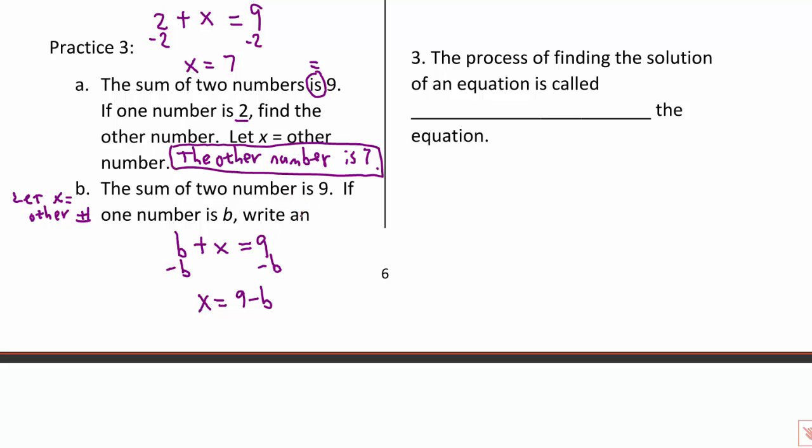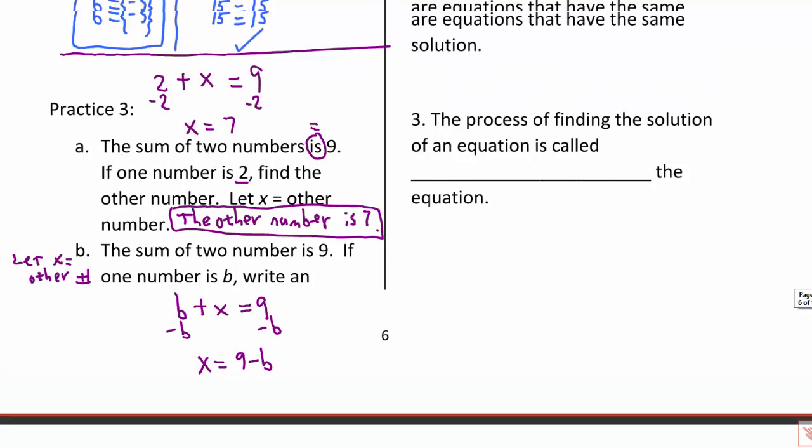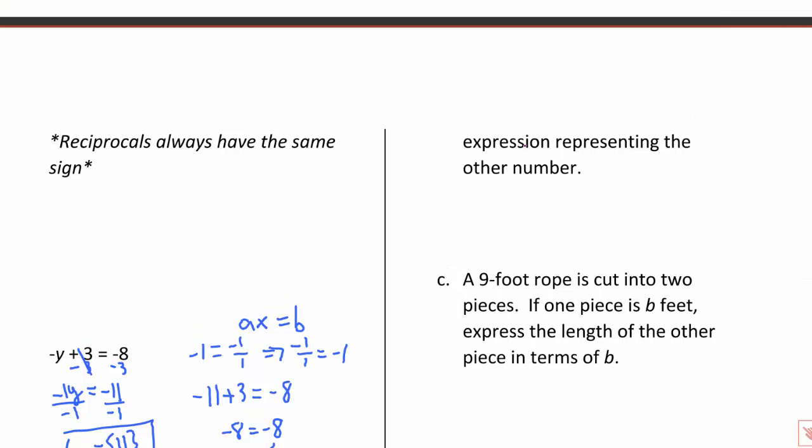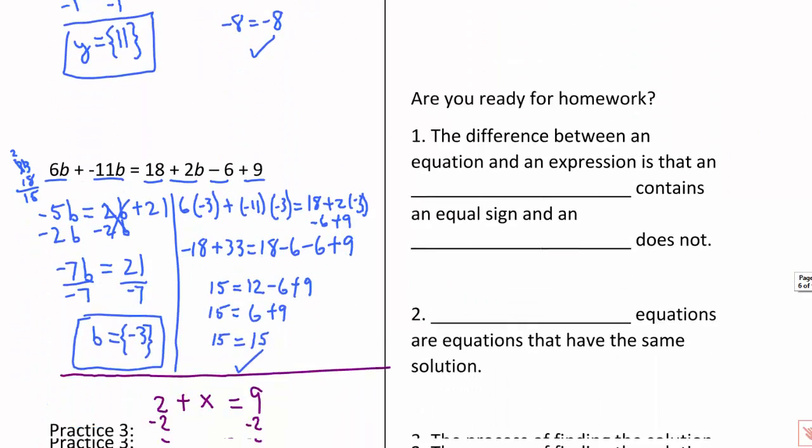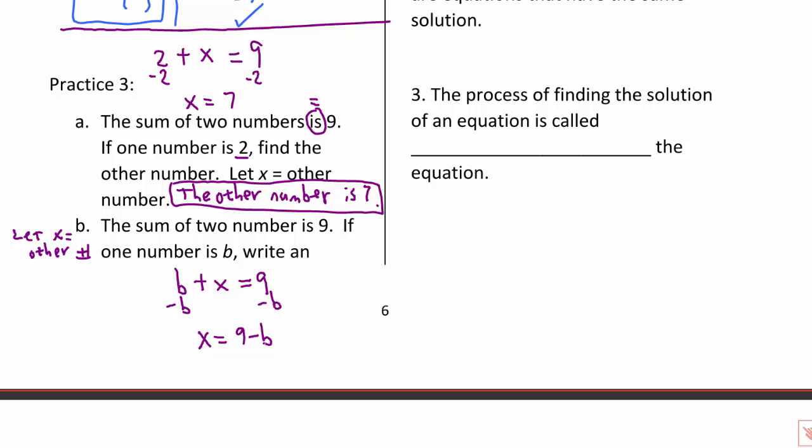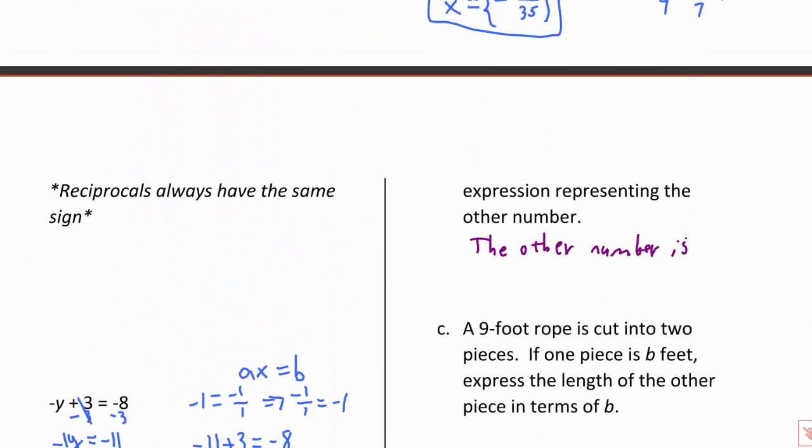And again, it says write an expression representing the other number. So the other number is 9 minus b.